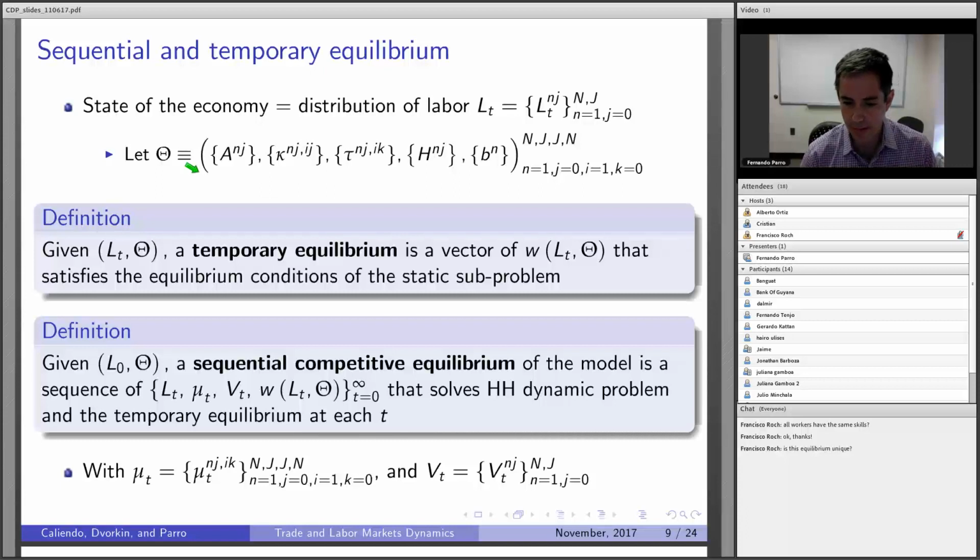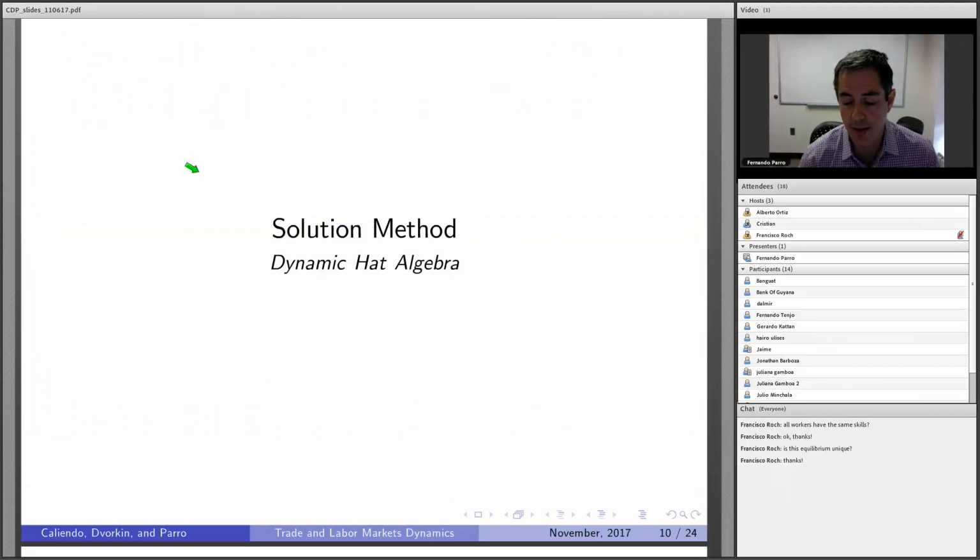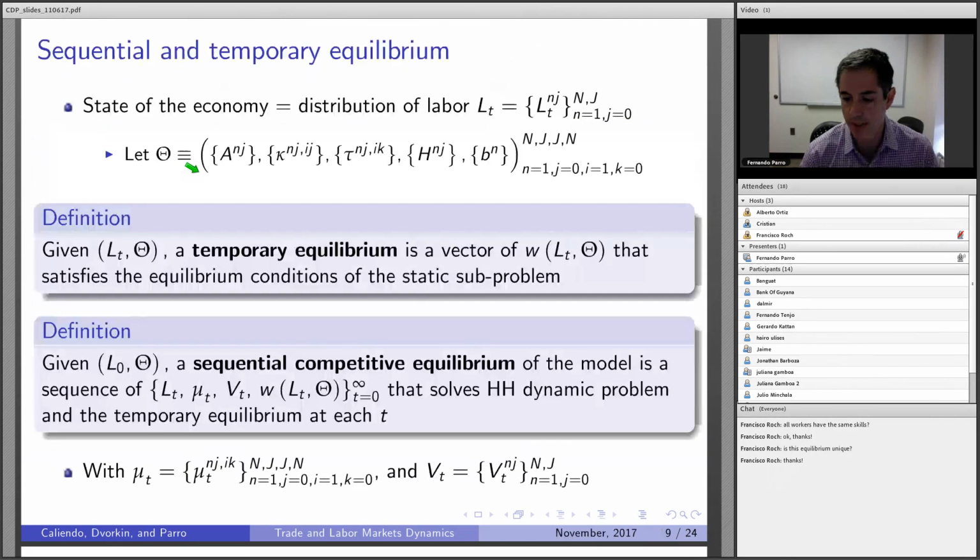Okay. Yeah, this is a great question, on whether this equilibrium is unique. This model can be mapped to a simplified version, without input-output linkages, where we can show that the equilibrium is unique. So yes, the equilibrium is unique.